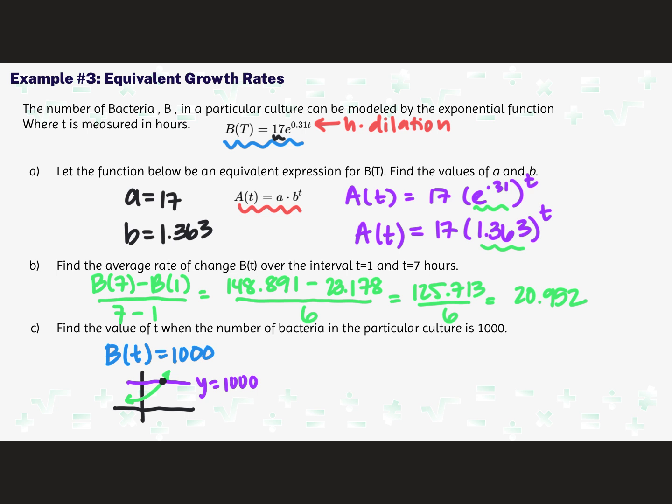You'll have to zoom out since that y value is quite large. And I'm finding my intersection is at 13.144, comma 1,000, which means that our time would be 13.144 hours.